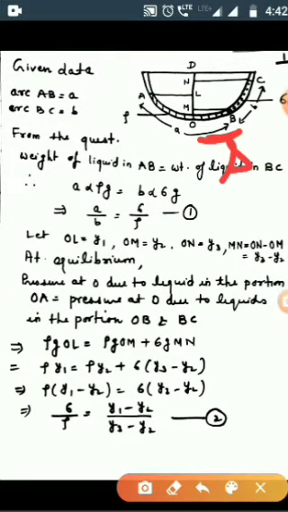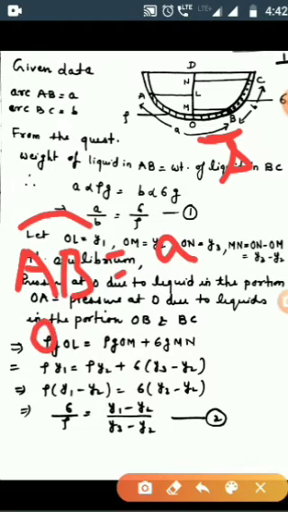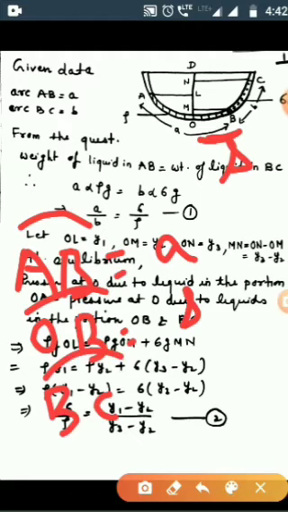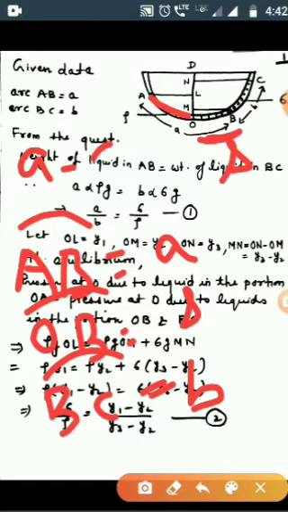From the figure we can see that AB equals a, we have assumed OB equals s, and BC equals b. So OA must be equal to a minus s and OC must be equal to b plus s.